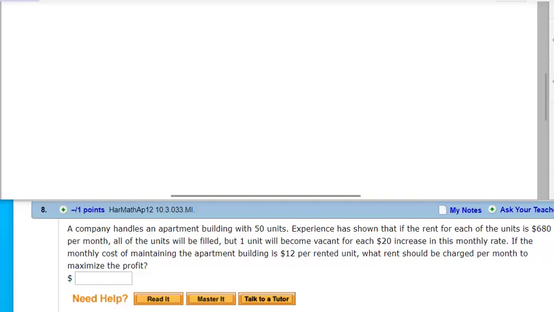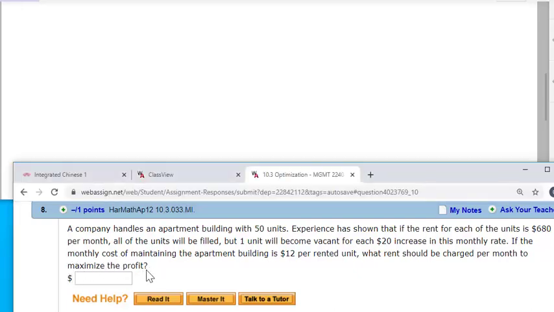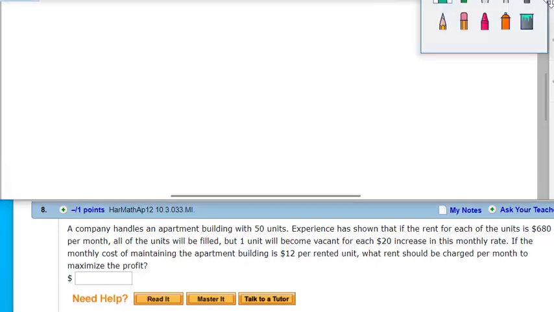Then we had to build a profit function in that last problem that was pretty intricate to build. And now here we are, we're given a paragraph, no equations, and we are asked to maximize the profit. So I need to figure out how I build a profit function. And then I will take its derivative, set it to 0, and that will give me a maximum.